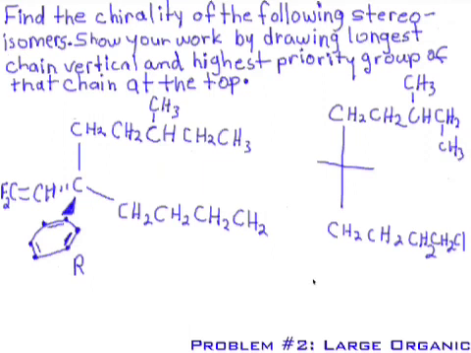If you had drawn it that way, what group would have ended up on the left in your Fischer projection? And again, you would spot this using a model by assigning colors. The alkene would have ended up on the left, and the aromatic ring would have ended up on the right.